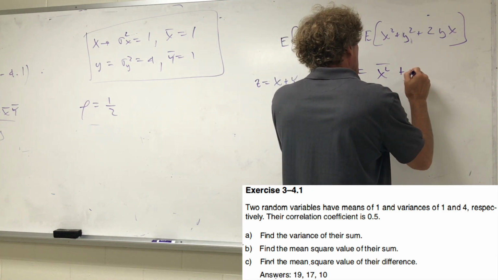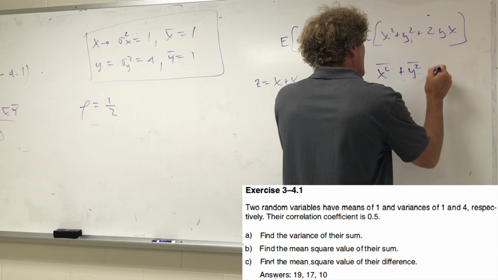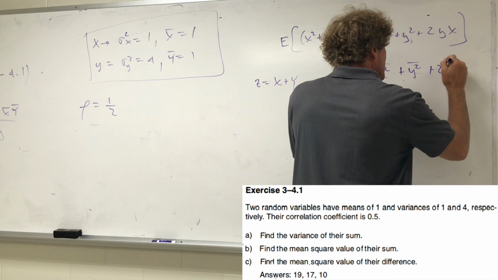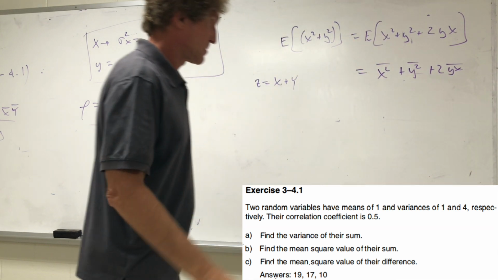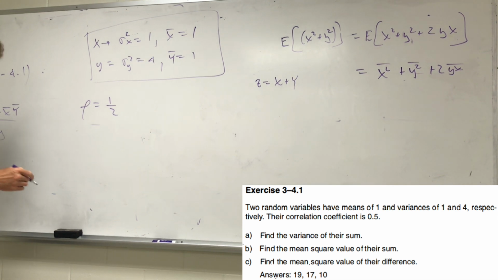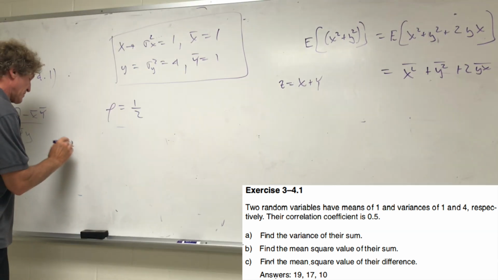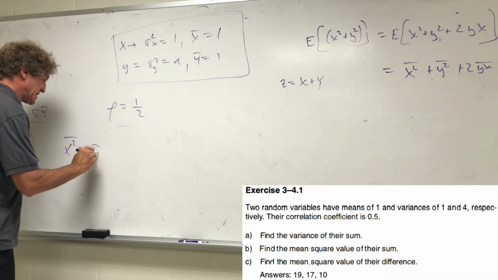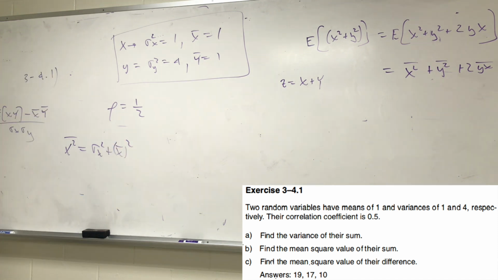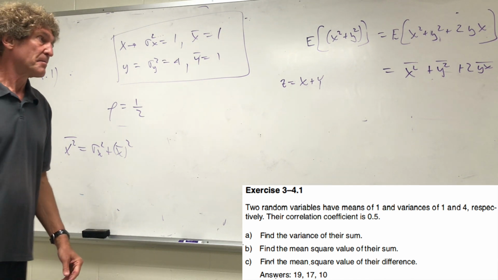Plus expected value of y squared bar plus 2 times the expected value of yx bar. That's right. Remember this. If you have a mean squared value, that's equal to sigma x squared plus the mean value squared. Sometimes they just put sigma x squared is equal to x squared bar minus x bar squared. It really doesn't matter the form it takes.